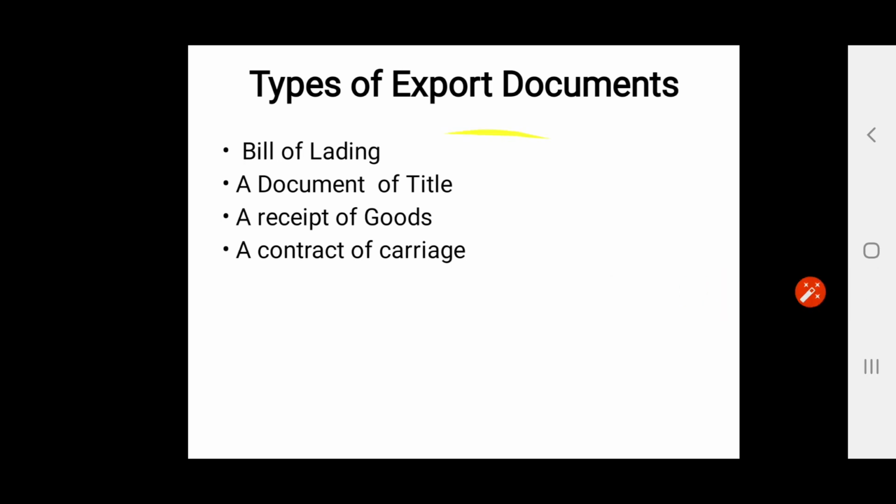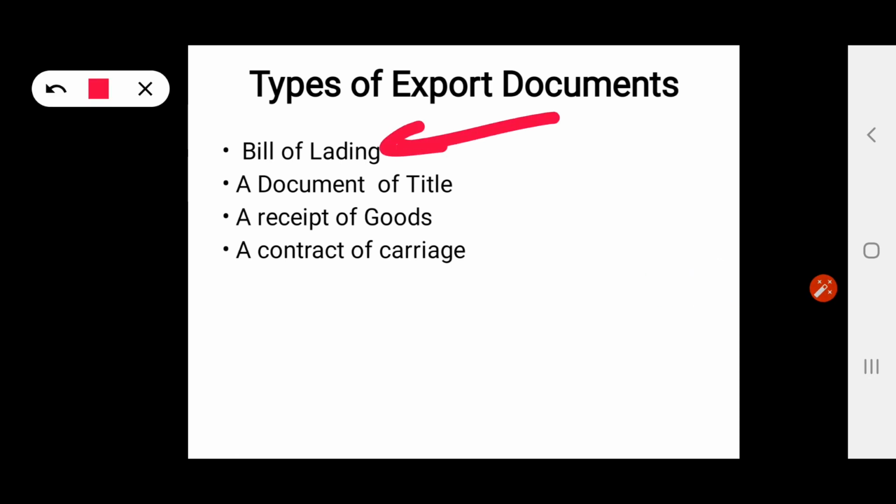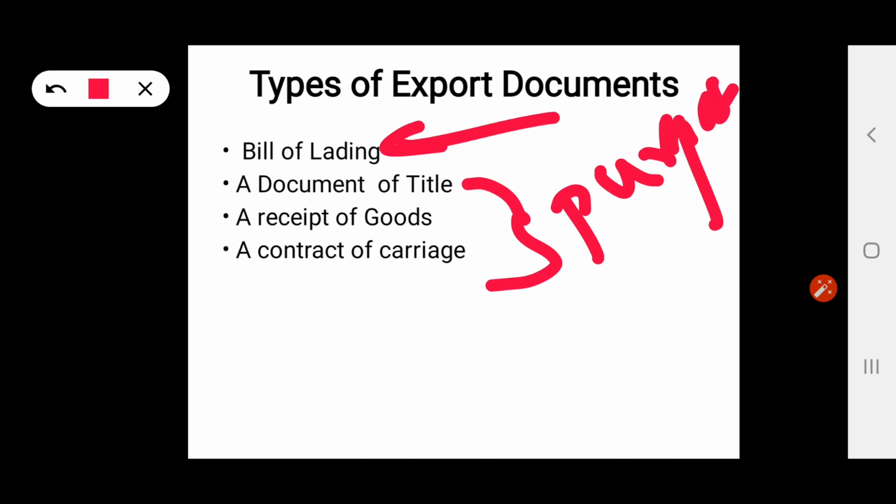So this is the main one, the bill of lading, and all these are the purposes of the bill of lading. What is the purpose of this one? It is useful as a document of title.